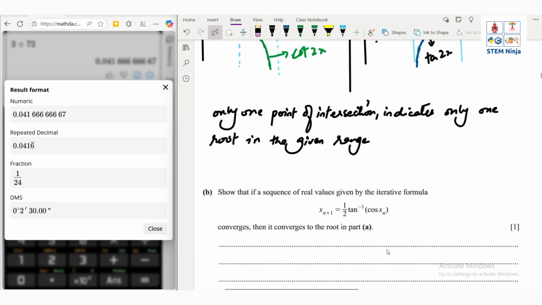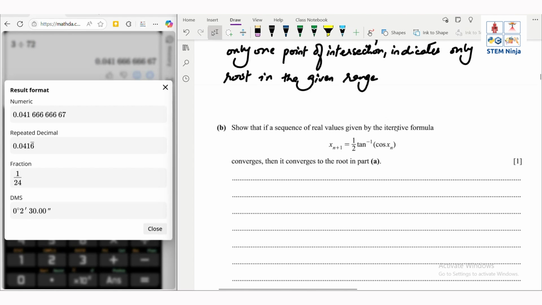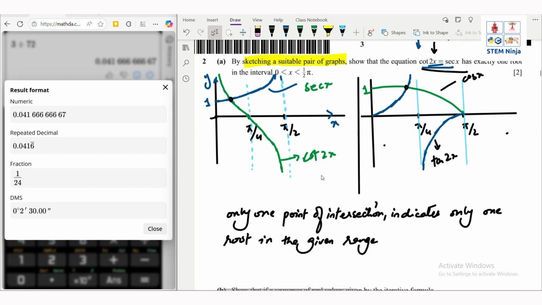Show that if a sequence of real values given by the iterative formula converges, then it converges to the root in part A. So this means that when we reverse this into the formula, that is x equals half tan inverse of cos of x, and when we rearrange it, we will either have the form cot 2x equals secant x, or we will have the form tan 2x equals cos of x.